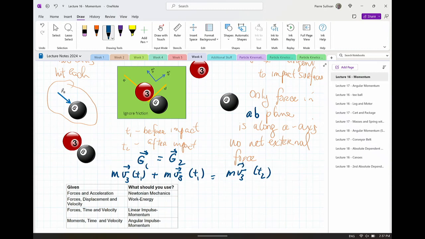You'll notice these are vectors. So between time 1 and time 2, I have conserved momenta, and the initial momentum of the system at time 1 is the final momentum of the system at time 2.